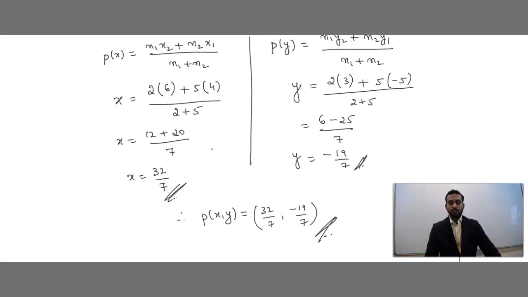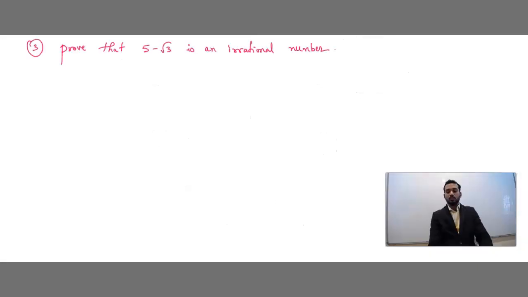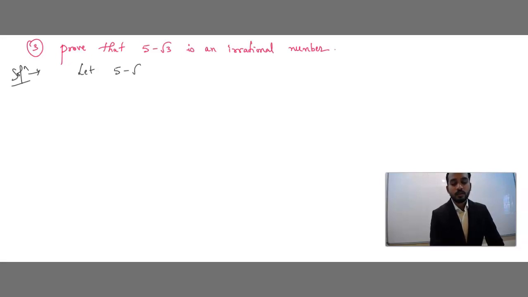Now let's solve the next question. We can see here the next problem. Prove that 5 minus root 3 is an irrational number. Okay, let's solve. Let 5 minus root 3 be a rational number.